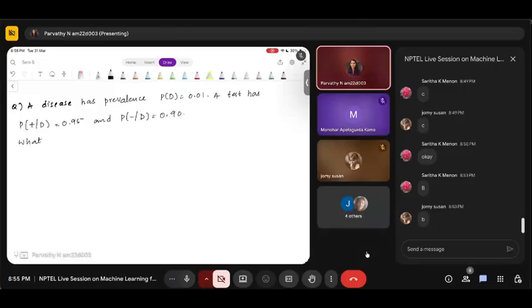What is P of D given plus approximately? A: 0.95, B: 0.50, C: 0.01, D: 0.09.